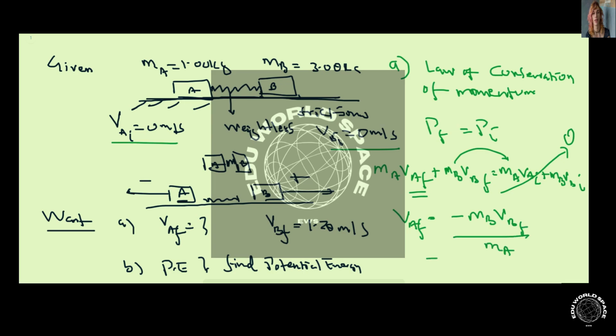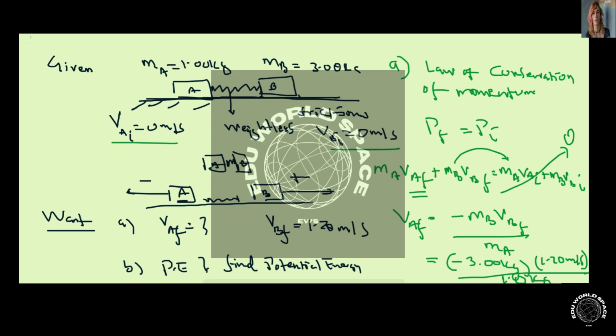We plug in the numbers: negative, the mass of B is 3.00 kilograms, times the final velocity of B, which is 1.20 meters per second, divided by the mass of A, which is 1.0 kilograms.